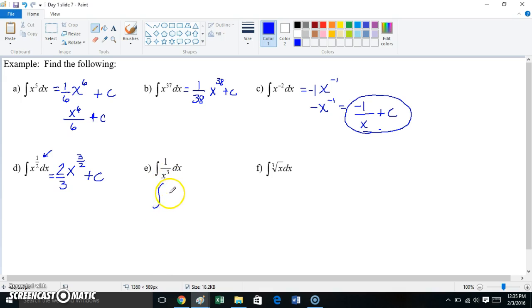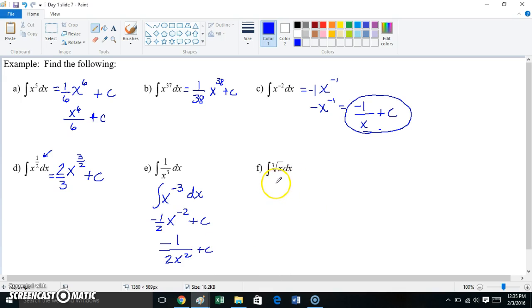I'm going to rewrite this as x to the negative 3rd power. We're going to anti-power rule. So that's x to the negative 2 dividing by negative 2 is the same as multiplying by negative 1/2. You could leave it as this, negative 1/2 x to the negative 2, or call it negative 1 over 2x squared plus c.